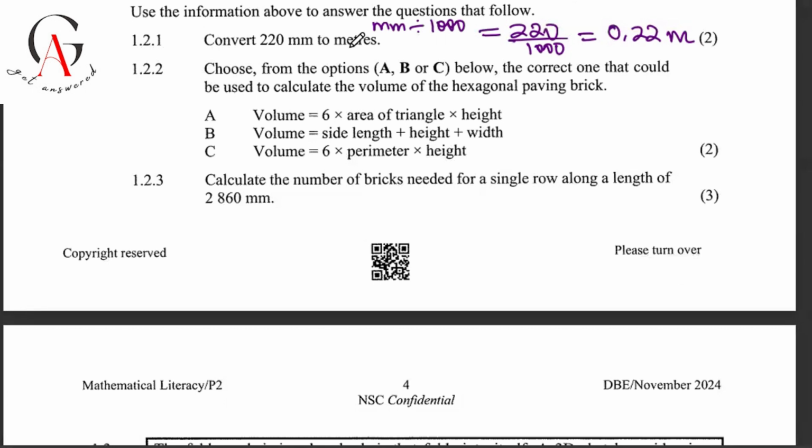Choose from option A, B, or C below the correct one that could be used to calculate volume. Take note of that. Volume of the hexagonal paving brick.